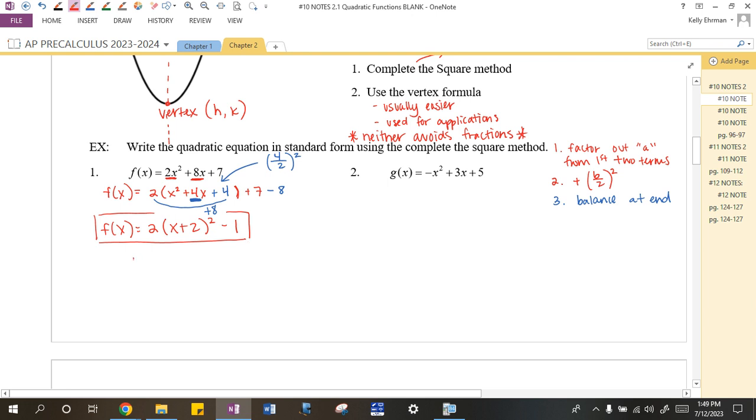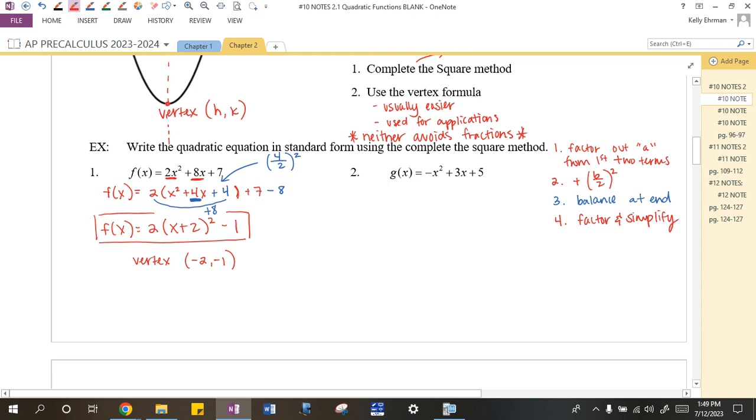And we can see that the vertex is, since this has been shifted left 2 and down 1, (-2, -1). And we wouldn't have been able to see that just by looking at the original f of x equation. So that's the benefit of vertex form. So step 4 is going to be factor and simplify.